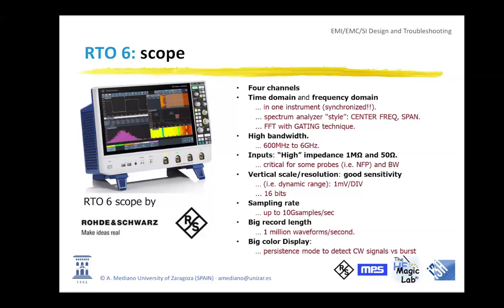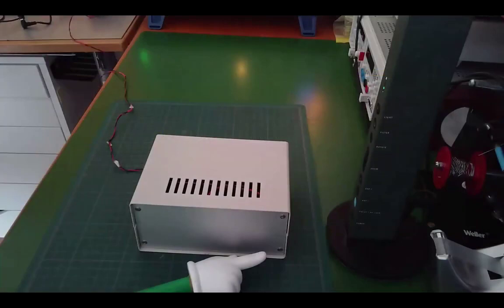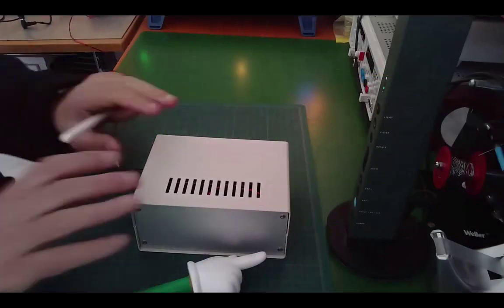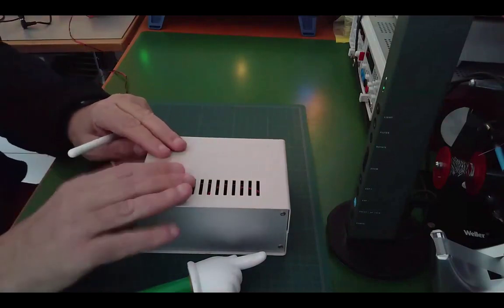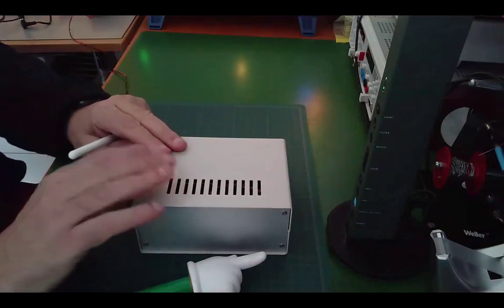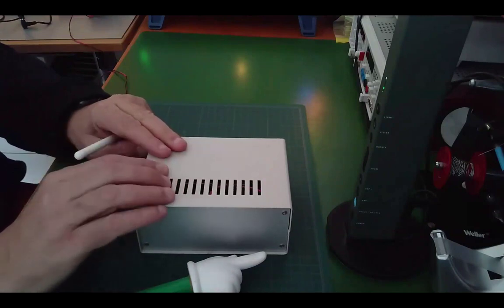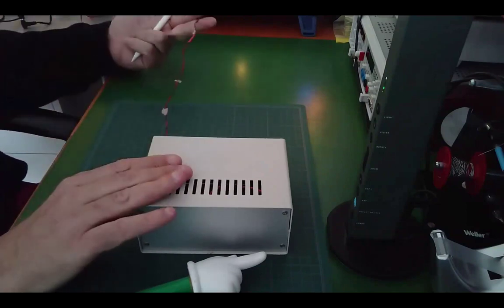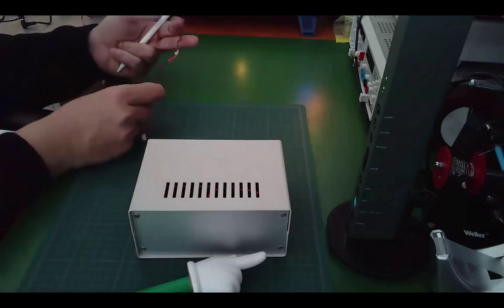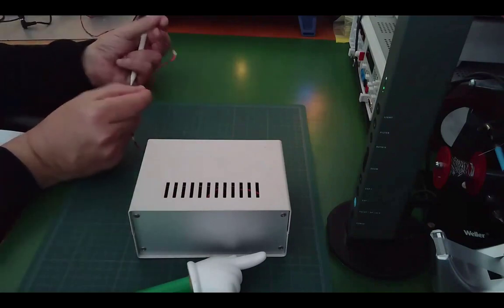So let's go to the first part of the presentation, where we will be describing the product. In my product, I have some electronics that is inside of this metallic box. In theory, the metallic box is a good system for shielding. Inside of the box, I have electronics that is being powered by this cable. You can see that I have a red and a black wire, and they are very close one to the other.